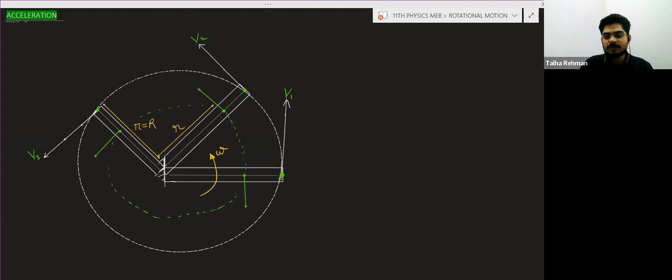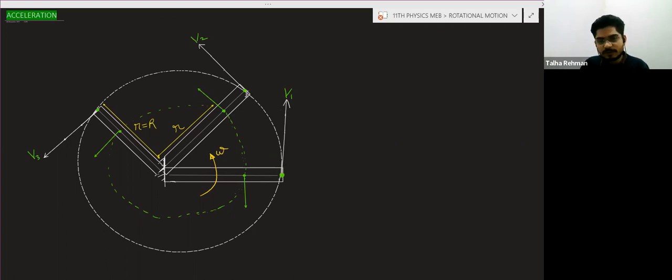So for analyzing rotational motion, we will just analyze the motion of the particle. This particle will move in a circular path like this. The velocity of this particle of the rod will be tangential like this.